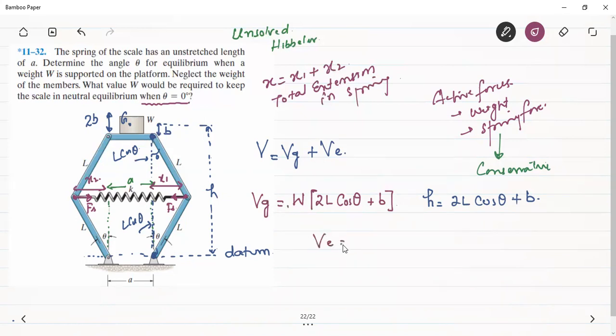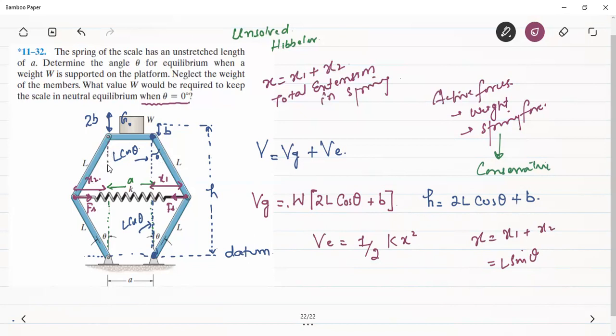Now if we look at the elastic potential function, it is given by half k x square, where x is the total extension in the spring. Now one can clearly see that x will be equal to the summation of x1 and x2. From this right-angled triangle, x1 is equal to L sine theta.